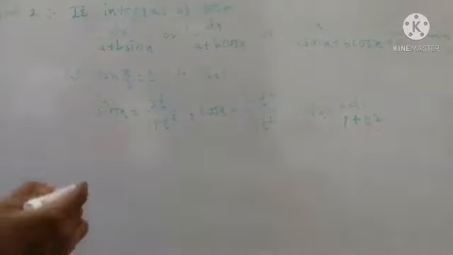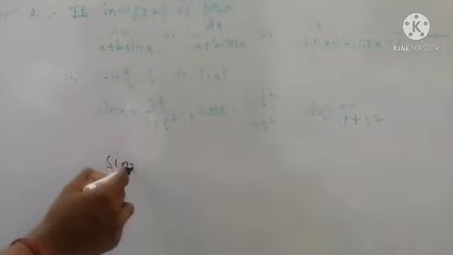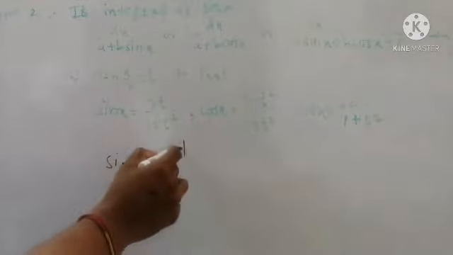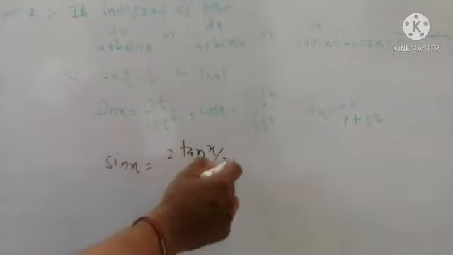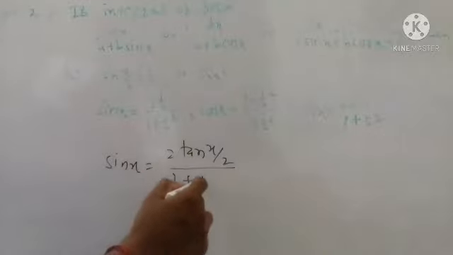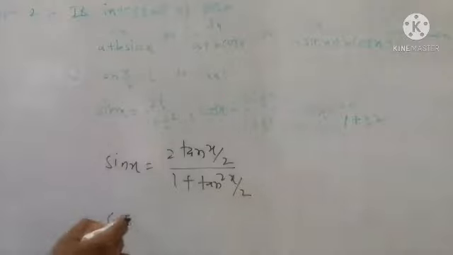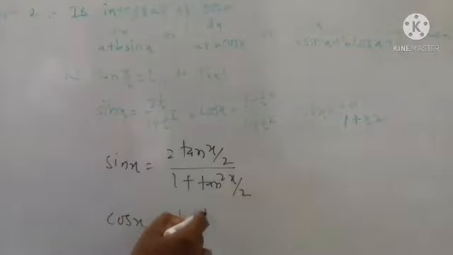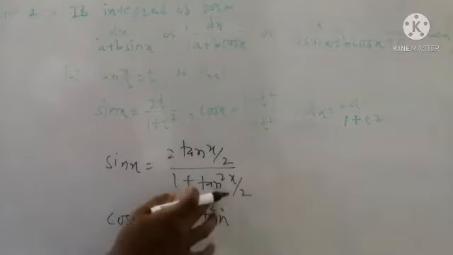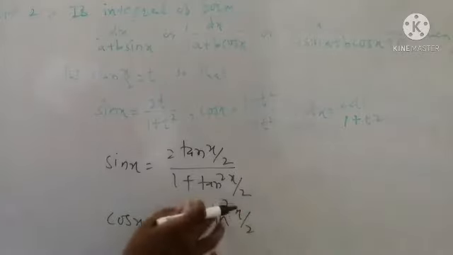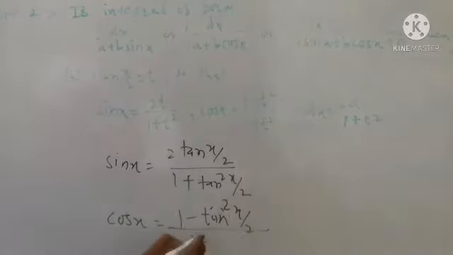But we know the half angle formulas: sin x is 2 tan x by 2 divided by 1 plus tan square x by 2, and the formula of cos x is 1 minus tan square x by 2 divided by 1 plus tan square x by 2.